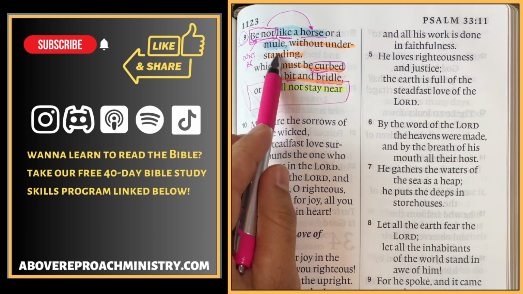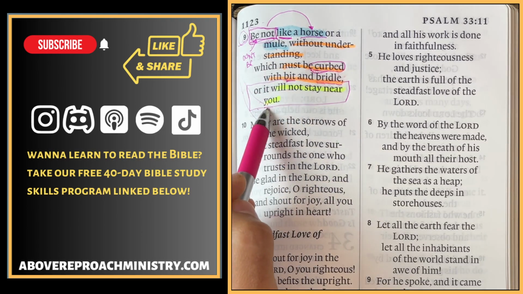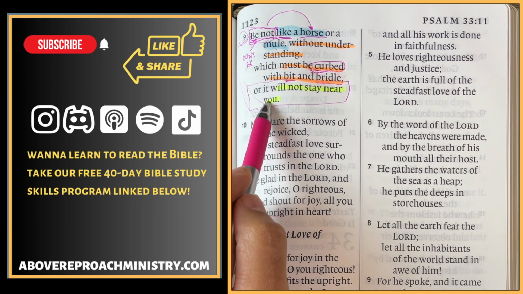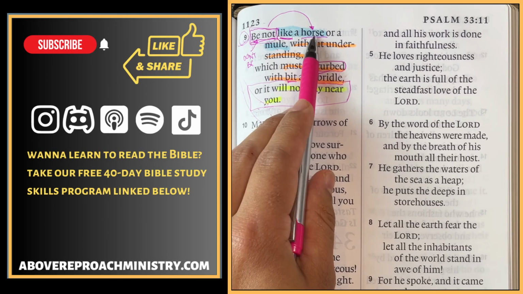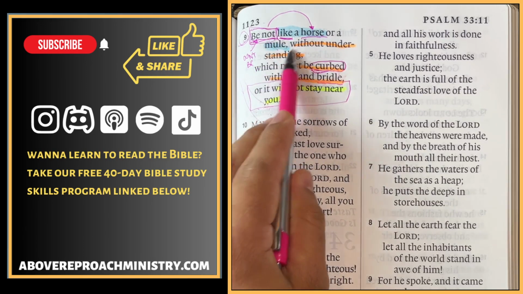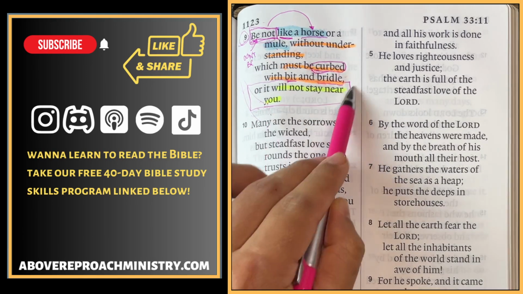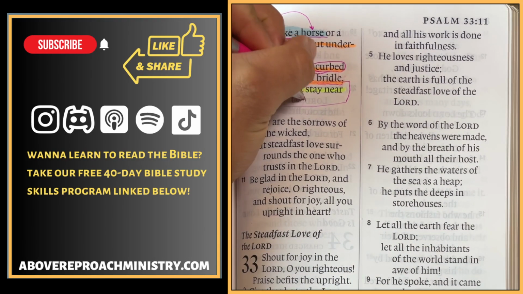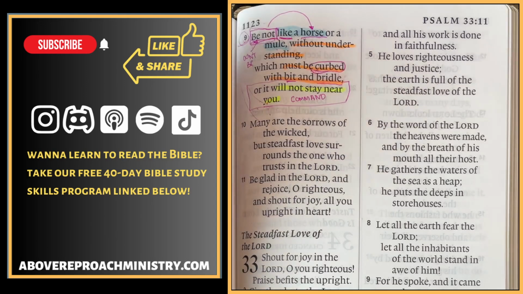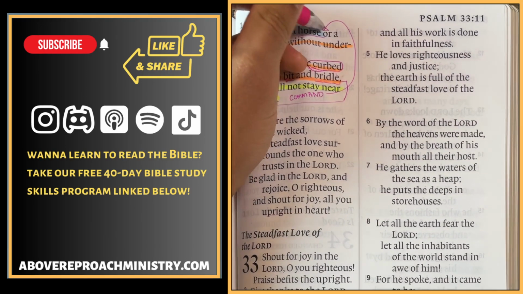David wants to give understanding that allows the person to effectively apply that counsel, apply that instruction, to actually want it themselves, right? So he's saying, don't be like an animal whose nature is contrary to what the owner wants it to do. So you have the owner who has a command, or they have something they want the horse or the mule to do, right?